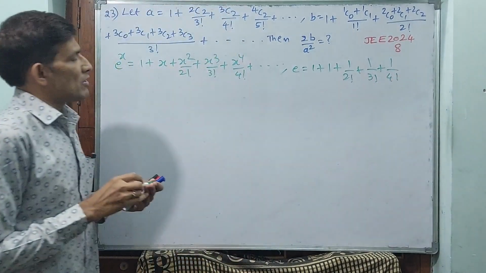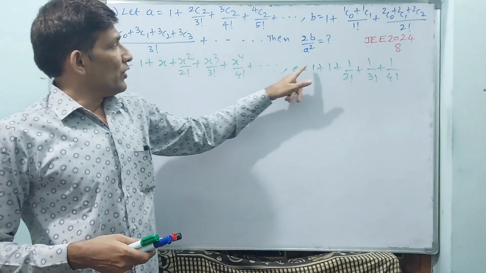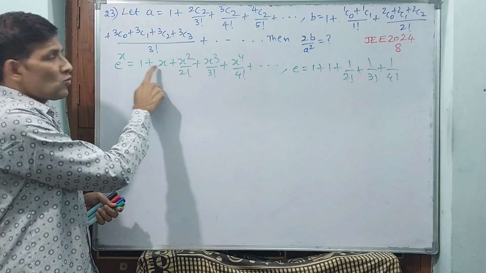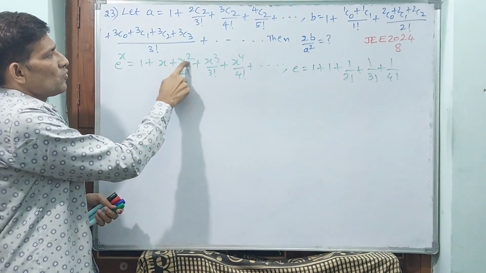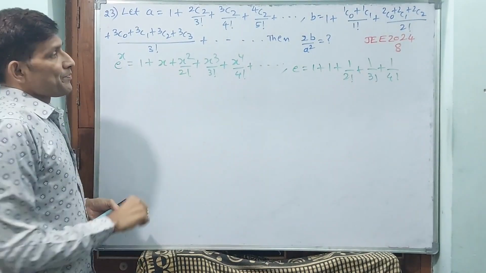Why? Because 1 square, 1 cube are all 1 only. What is e²? In the x place, 2 has to come: 2, 2 square 4, 8, 16, like that. That is e².